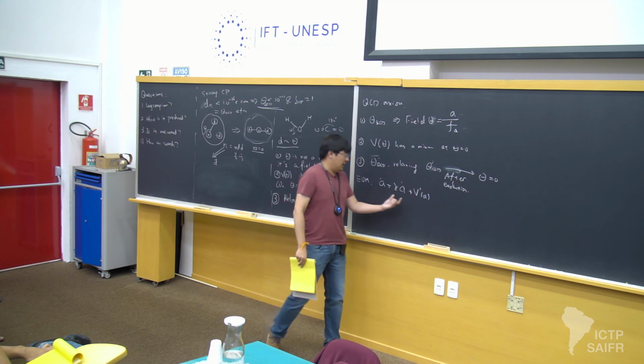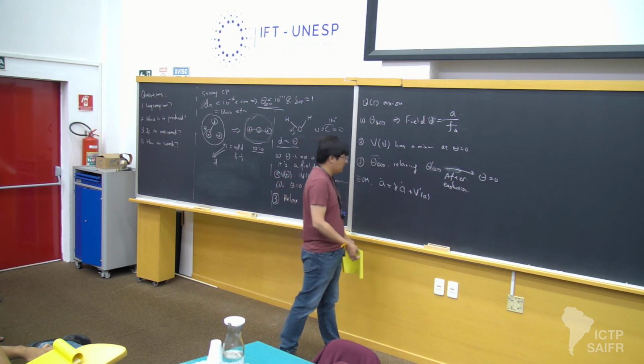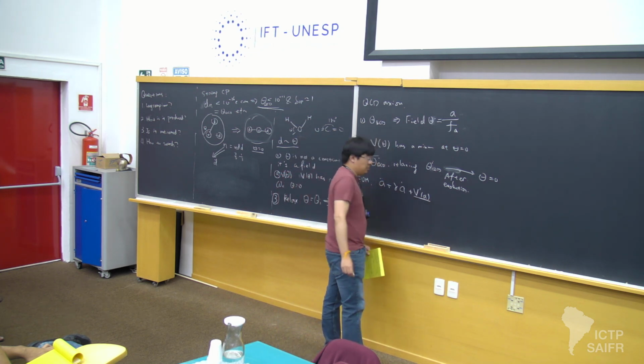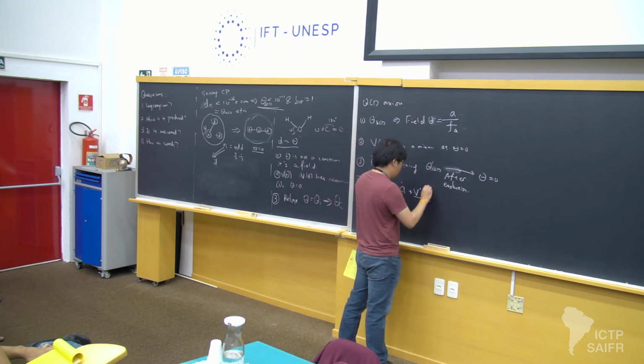I'm interested in small changes of this A field, so I'm expanding around the minimum. And around a minimum of a potential, I always have a quadratic term, so I can approximate it to be m_a squared times A.